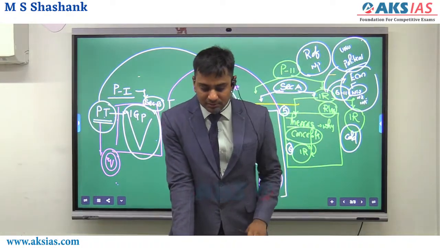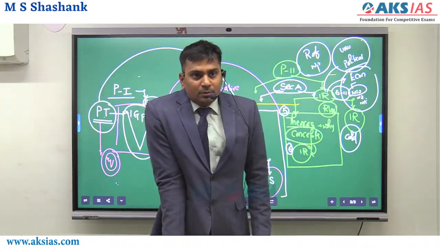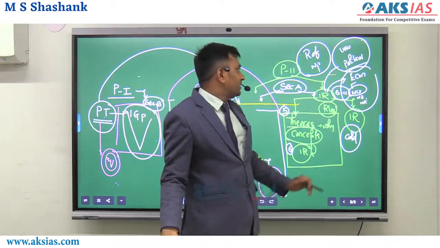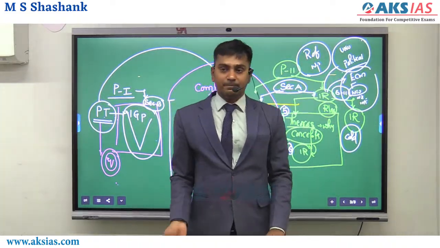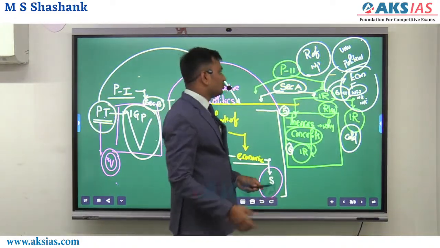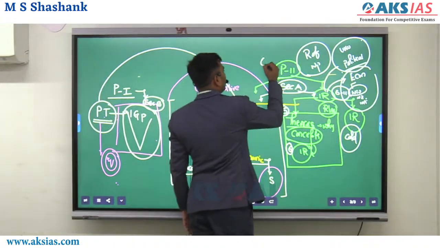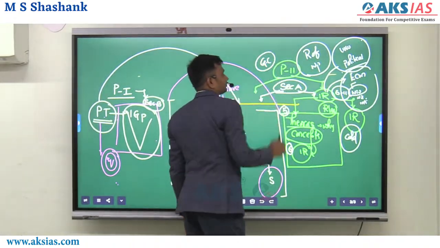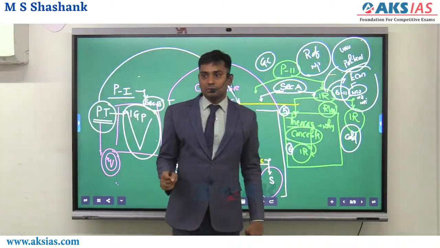SAARC is that, NAFTA is that, APEC is that. Why? Because they have some fractures. As a result, regionalization of politics has happened. Apart from that, though it is happening, we have to be united because there are some global concerns. This is how they framed it.